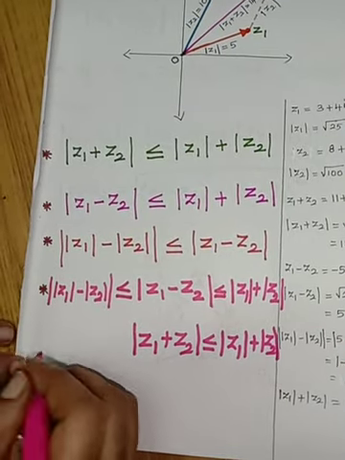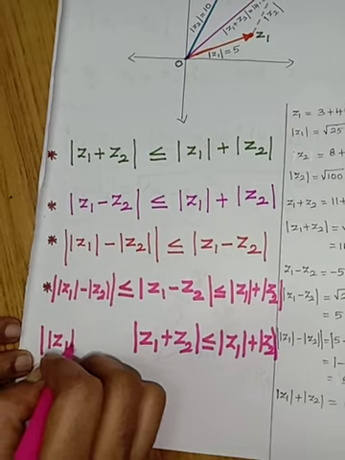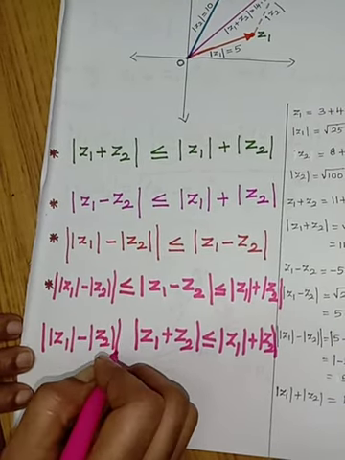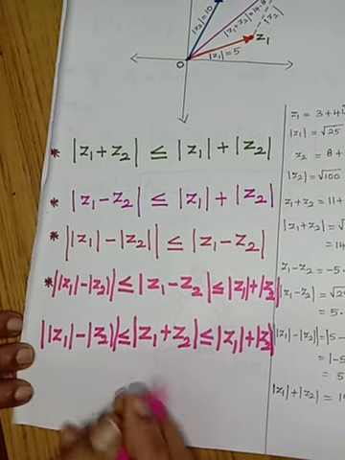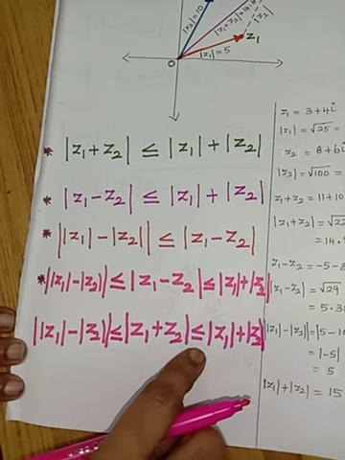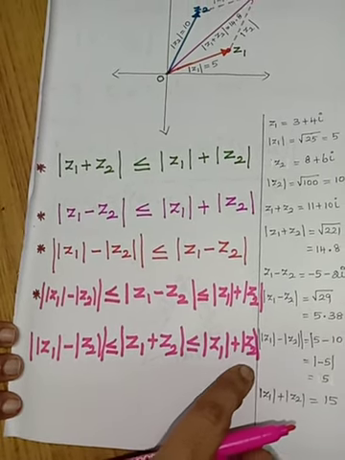Okay, so here you can very well write modulus of z1 minus modulus of z2 is less than or equal to modulus of z1 plus z2, which is less than or equal to modulus of z1 plus modulus of z2.